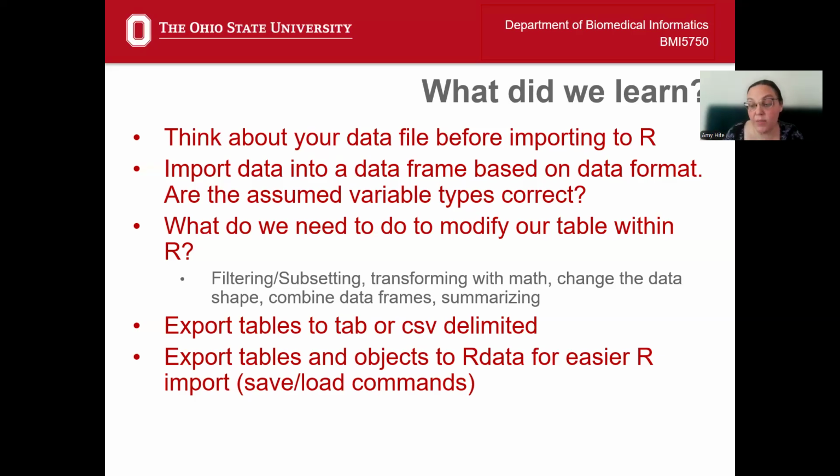And once we have something to save, how are we going to export that information? Are we going to export to tab delimited files, CSV files? Do we want to put big R objects into a file together to make it easier to import into R tomorrow or next week? So think about the data that we're using from head to tail.